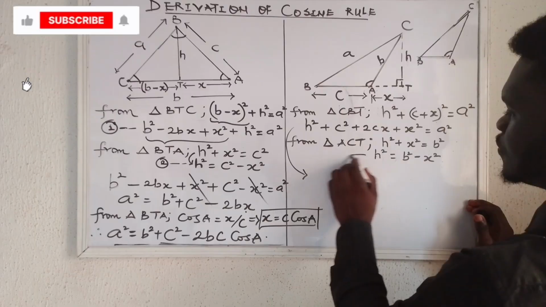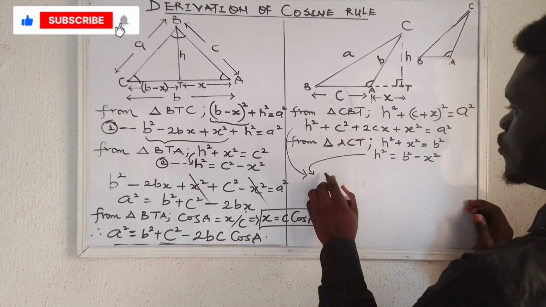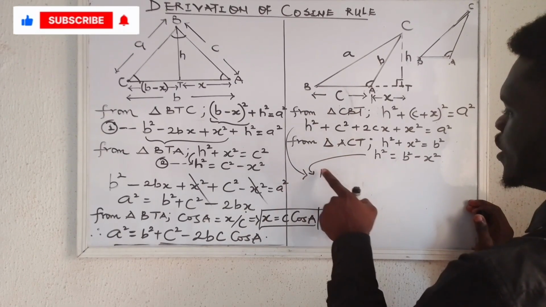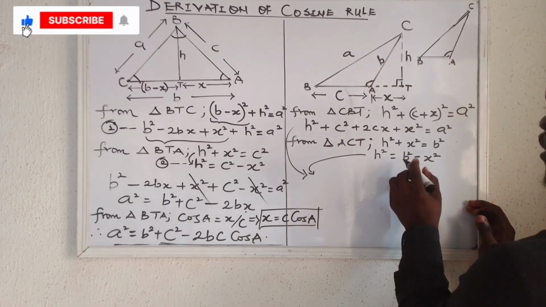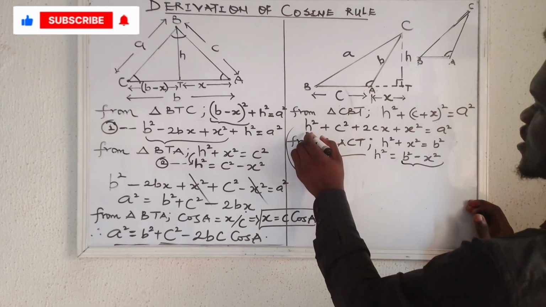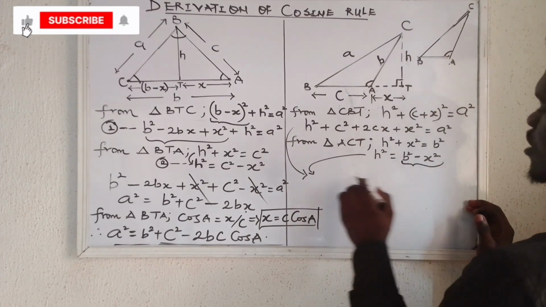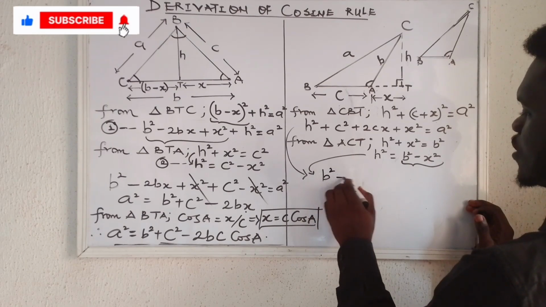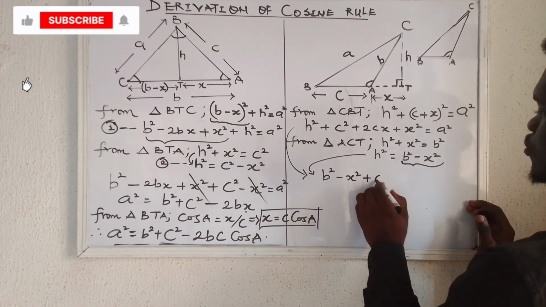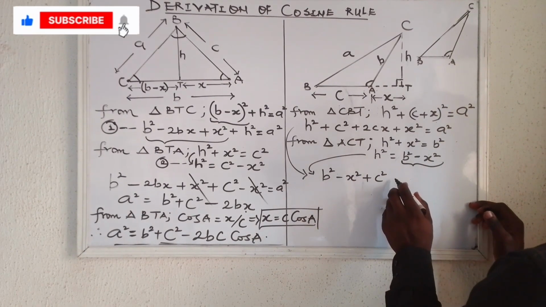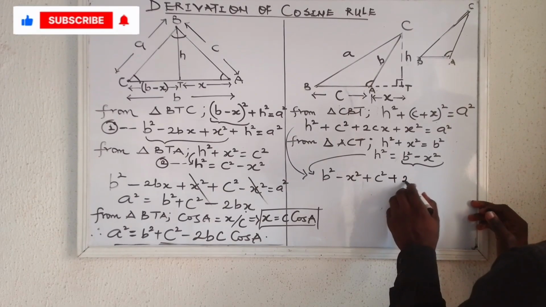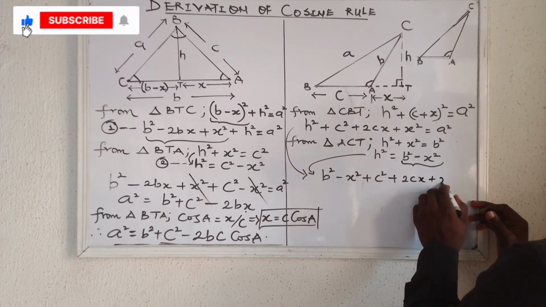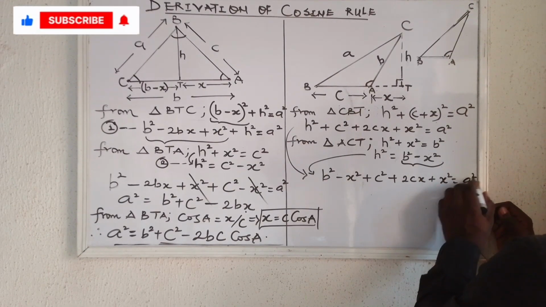Let me draw lines. So instead of writing H squared, we are going to write B squared minus X squared plus C squared plus 2CX plus X squared equals A squared.